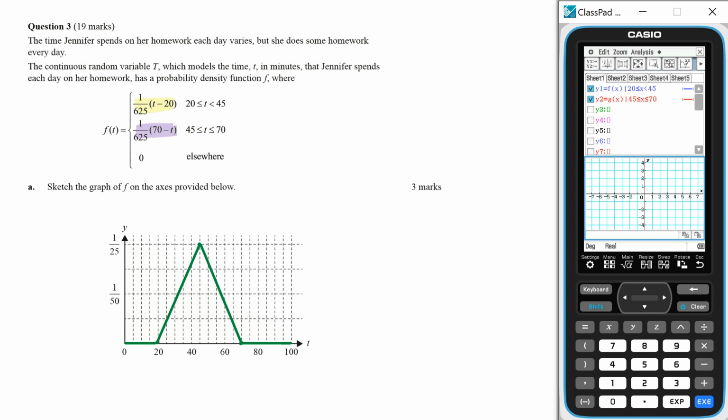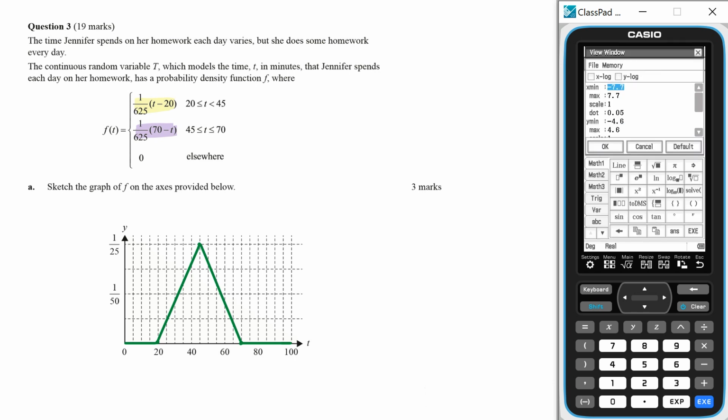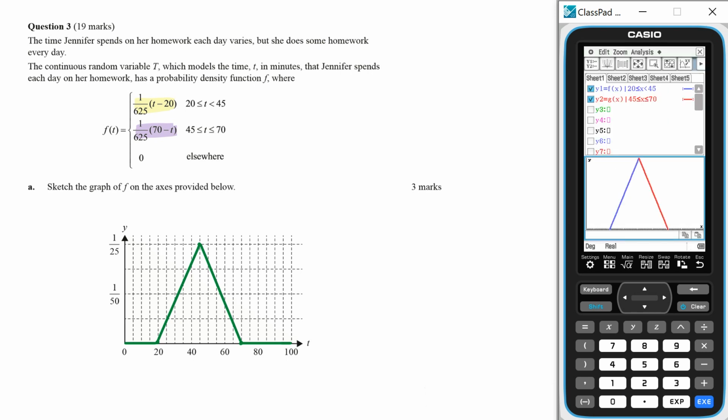And if we change the window settings to match the graph given, we get the graph of f of t.